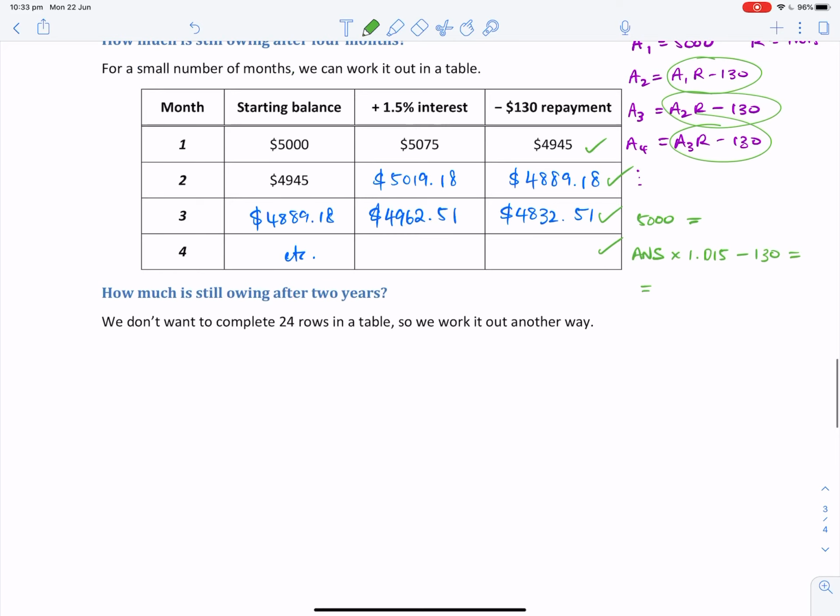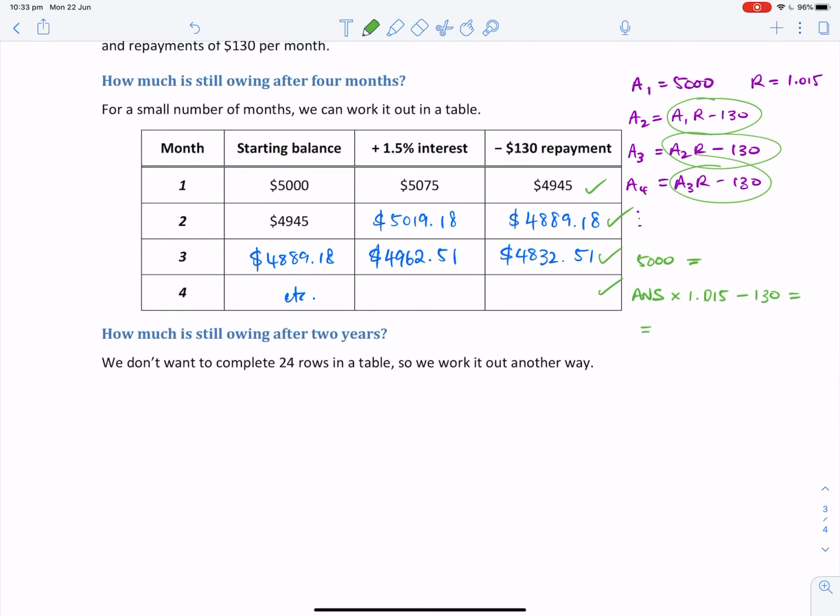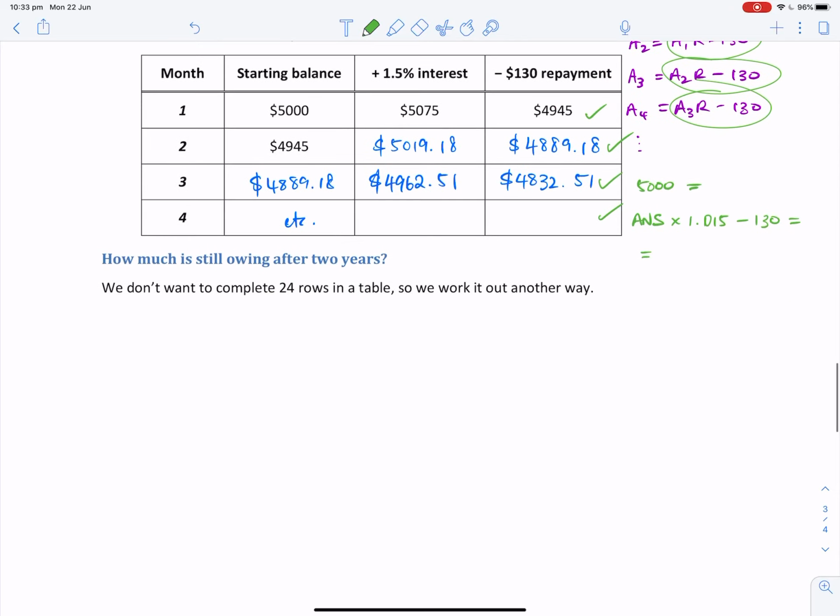Okay, how much is still owing after 2 years? So we're looking at 24 months here. So we'll work it out another way, which is the same as this to begin with, but brings a little bit more algebraic sophistication in.